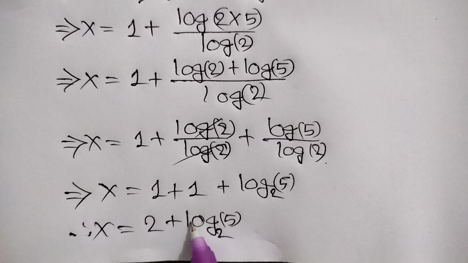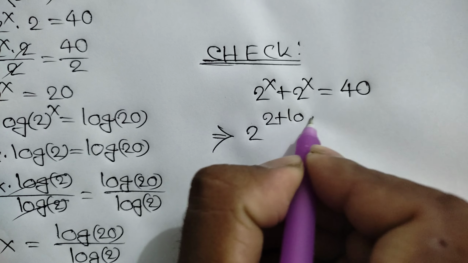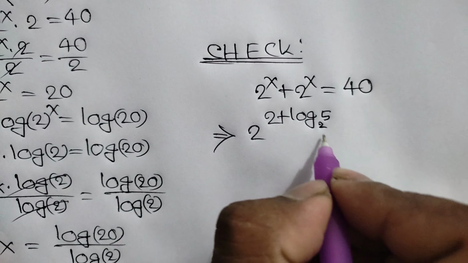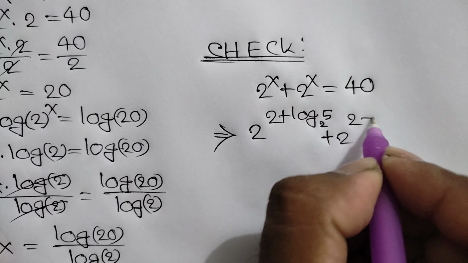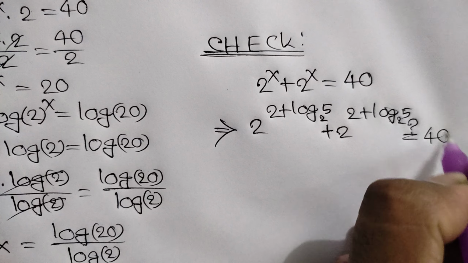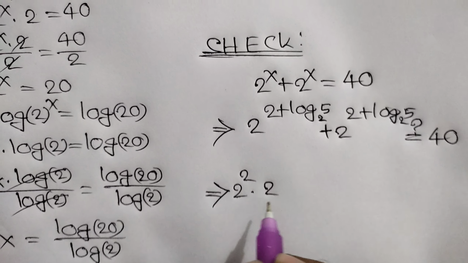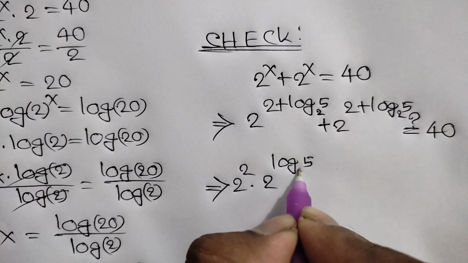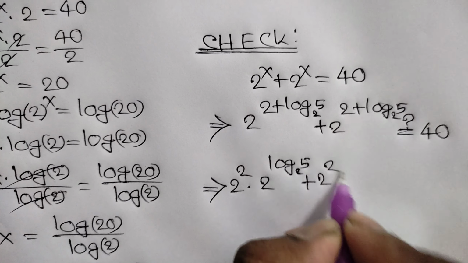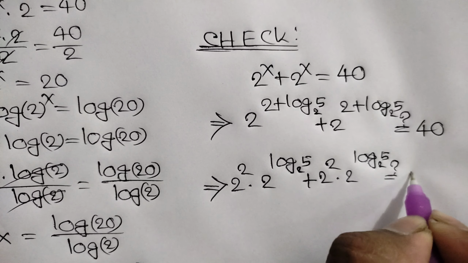Here x is equal to 2 plus log of 5 base 2, so we can write 2 to the power 2 plus log of 5 base 2, plus 2 to the power 2 plus log of 5 base 2, is it equal to 40? Now we can write 2 to the power 2 times 2 to the power log of 5 base 2, plus 2 square times 2 to the power log of 5 base 2, is it equal to 40?